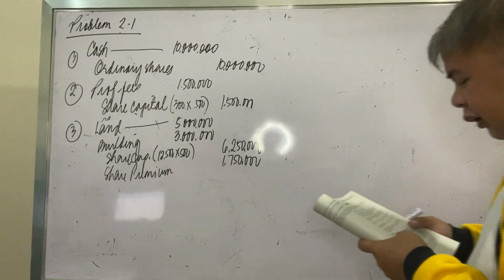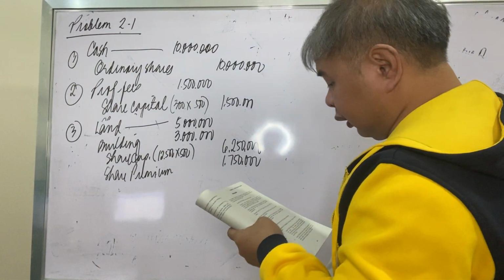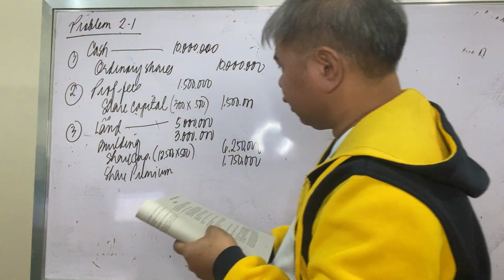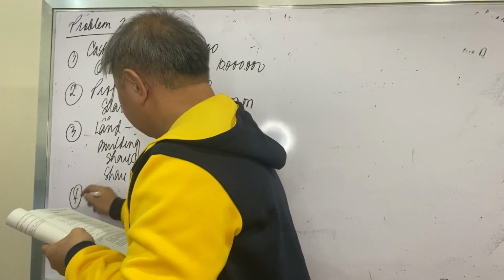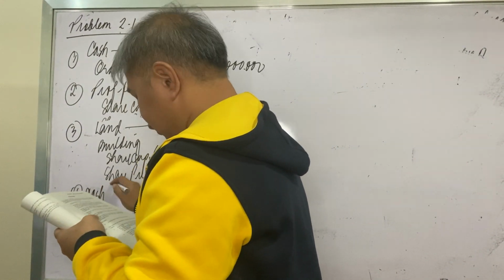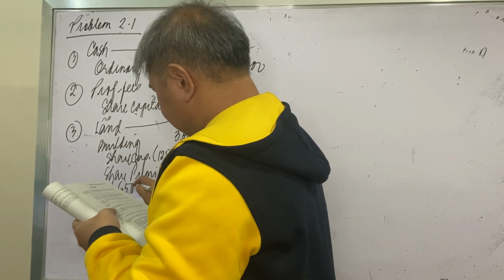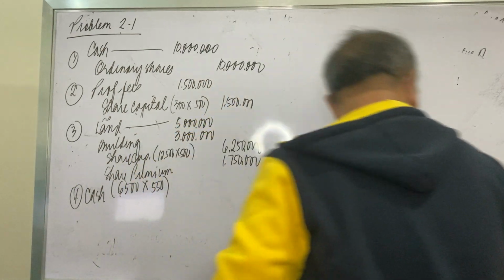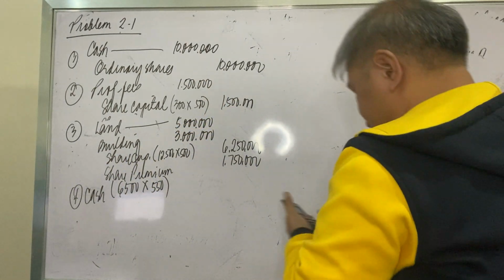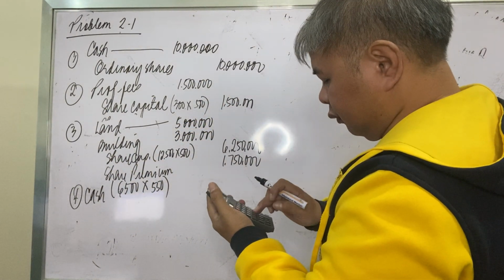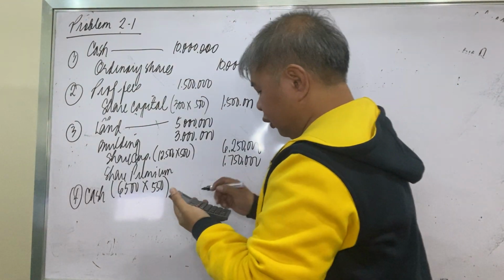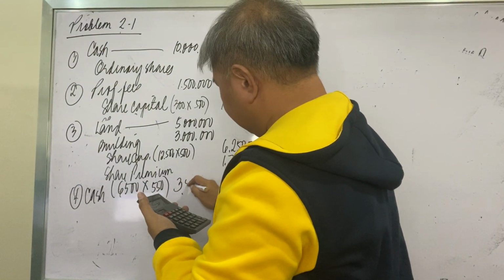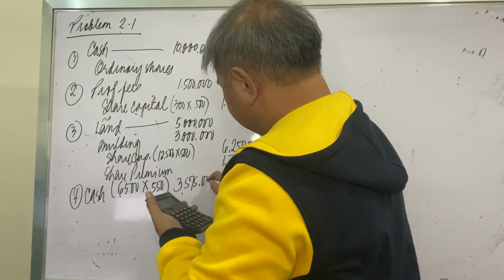Number 4, receive cash for 6,500 shares. Debit cash for 6,500 ordinary shares that were sold for 550. Therefore, this is 3,575,000.